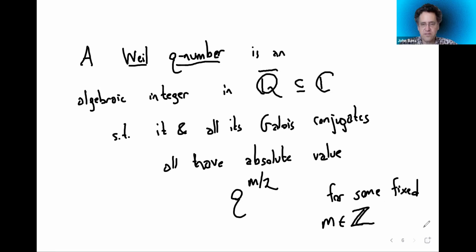Now, Q to the M over 2, I'm not sure if you already told me all about this, but I'm just thinking about whether that is itself a Weil q number.